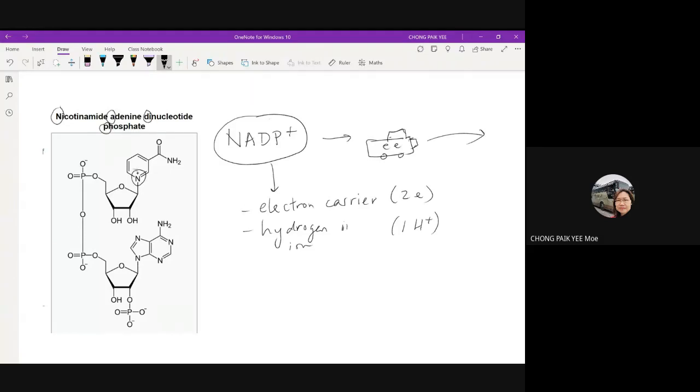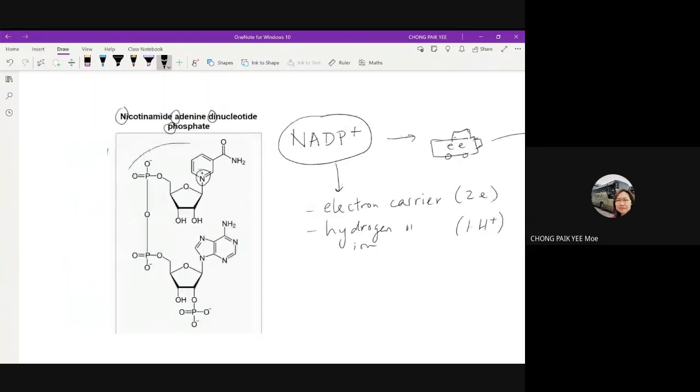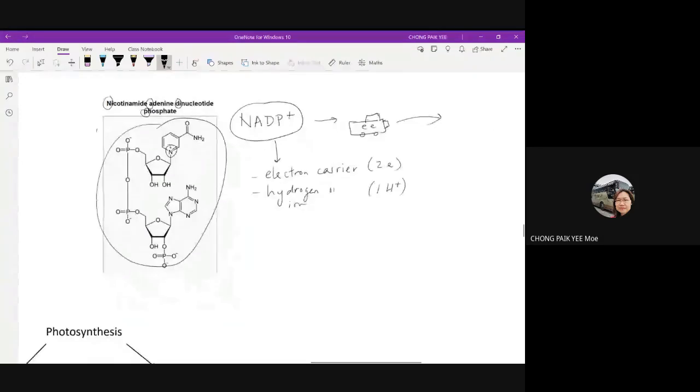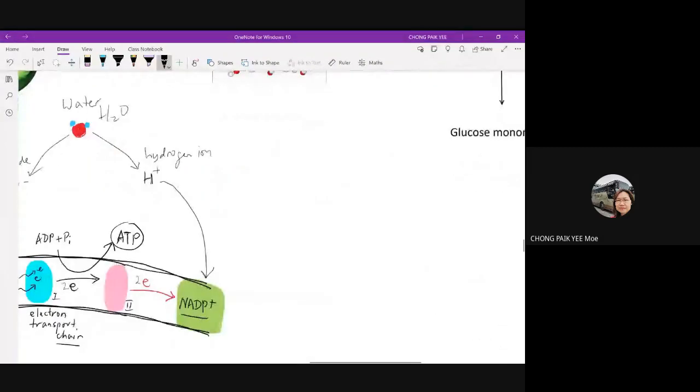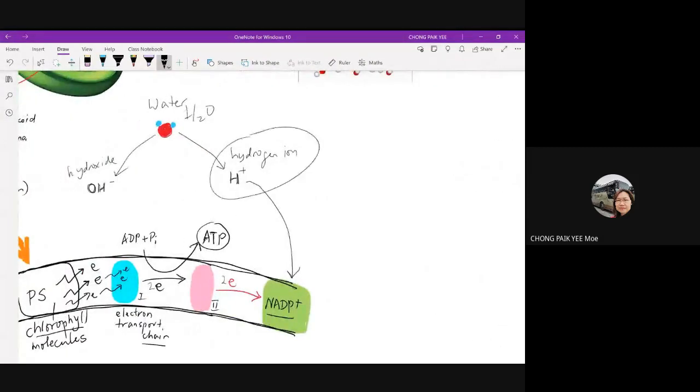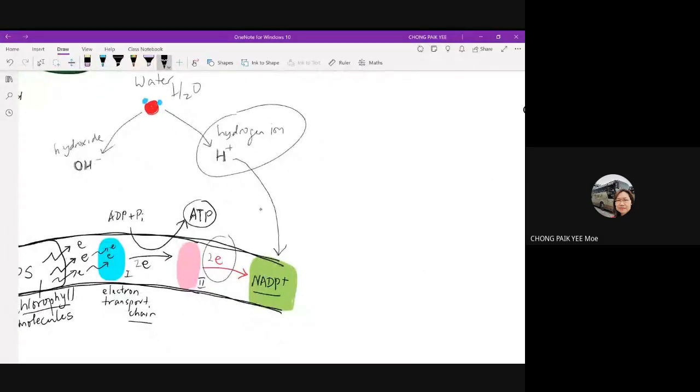So at the moment we understand NADP is just a molecule, a very complex one. You can see it's quite complex here. It's going to carry electrons in from the electron transport chain, and also bring in your hydrogen from the breaking down of the water. So this one and this one are going to come to your NADP.